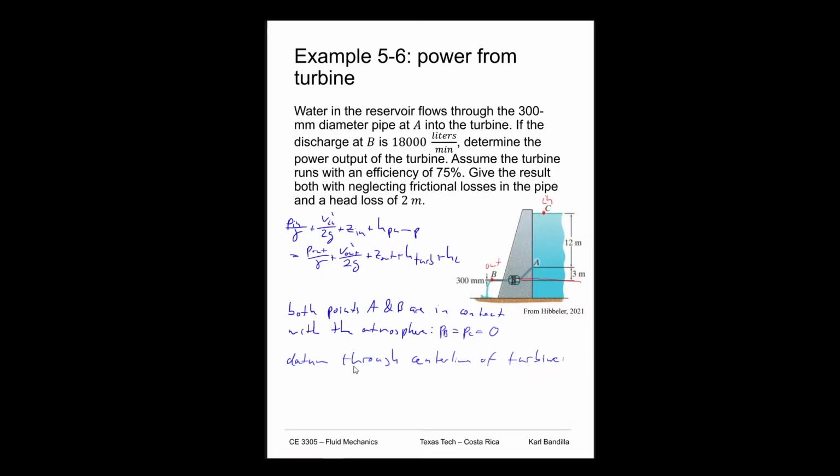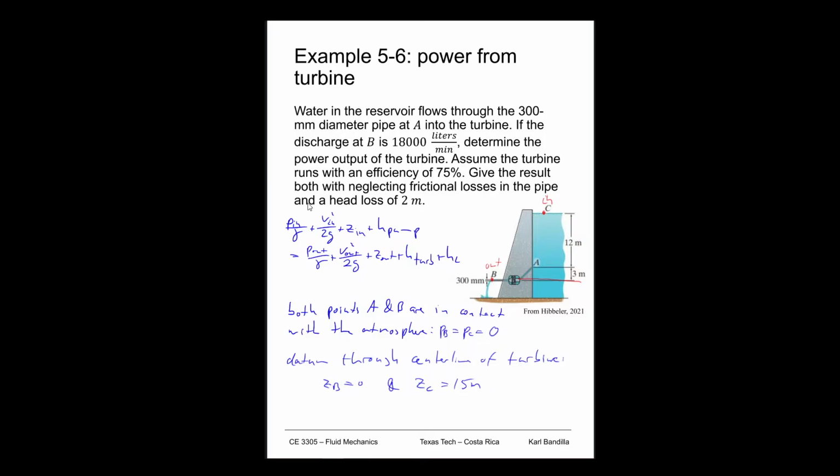So that gives us a ZB of 0, and ZC is going to be 3 meters plus 12 meters, so 15 meters. All right, so we have those.